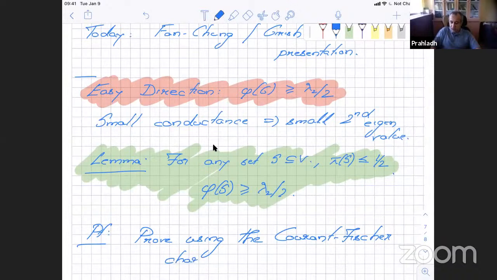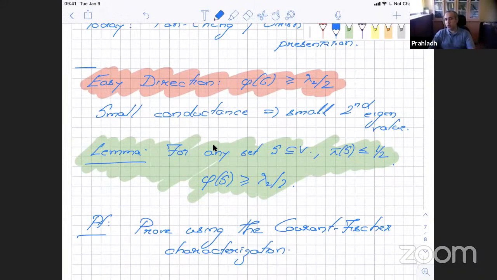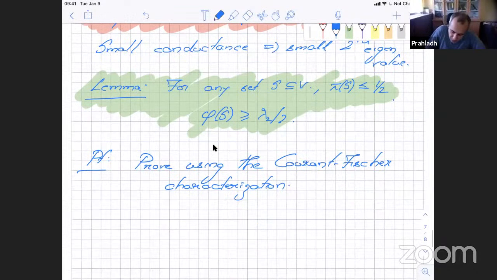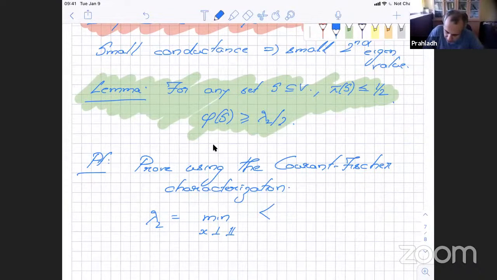I have given you a set whose conductance is low. From this set, I need to show that the eigenvalue is low. So what Courant-Fisher says is lambda 2 is the minimum over all x orthogonal to the smallest eigenvector of the corresponding Rayleigh quotient, x transpose Lx. So let's actually not use x, let's use f.